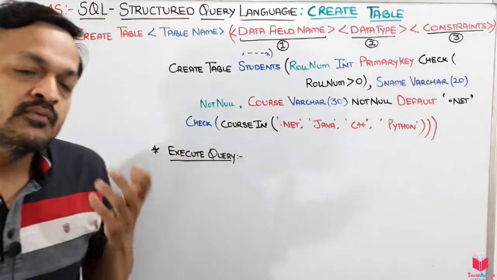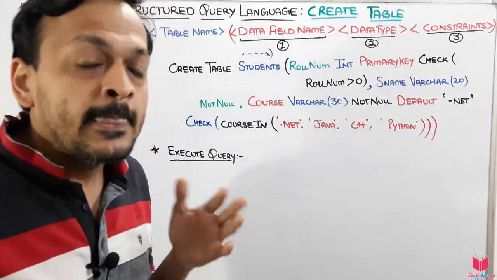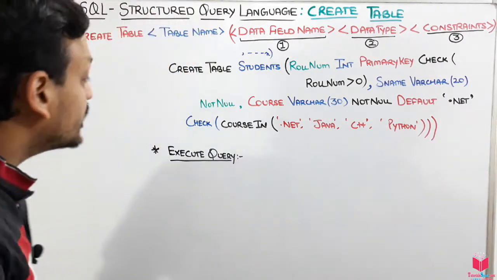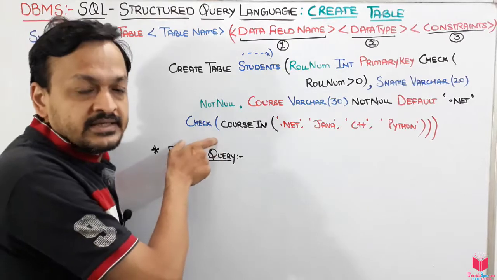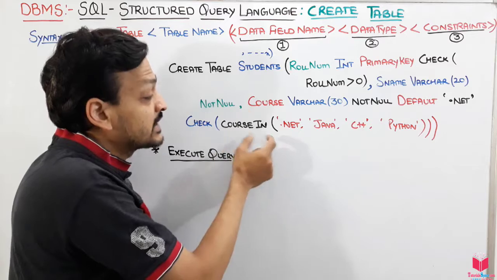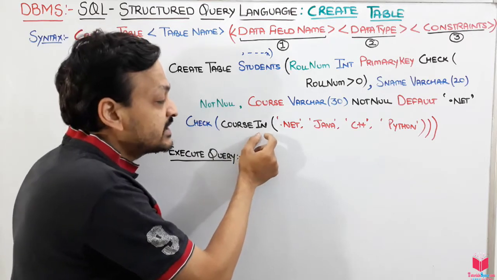Suppose we forget to enter any value, then what will it take? .NET. After that, there is another check. Course, that is the field name, course IN. What does that mean?